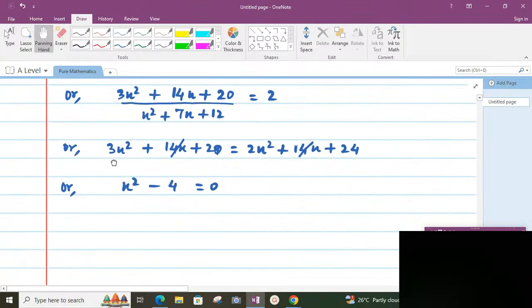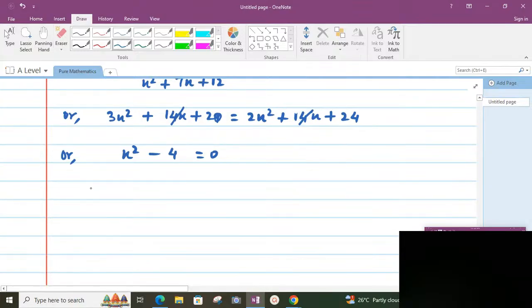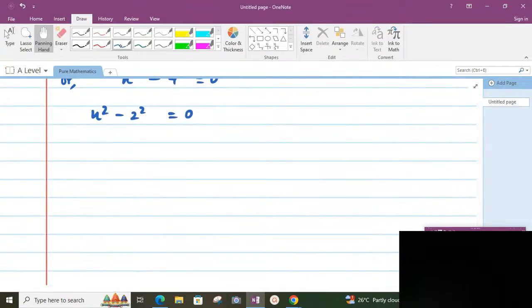So the next step here will be x square minus 2 square equal to 0, and the factorization of this step will be x plus 2 into x minus 2 equal to 0.